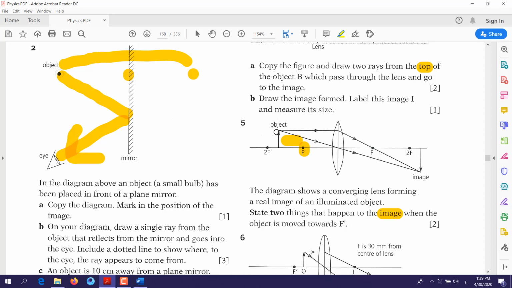The image will be farther from the lens. Also, the size of it will change. So the image will be farther from the lens, and also it will be larger.